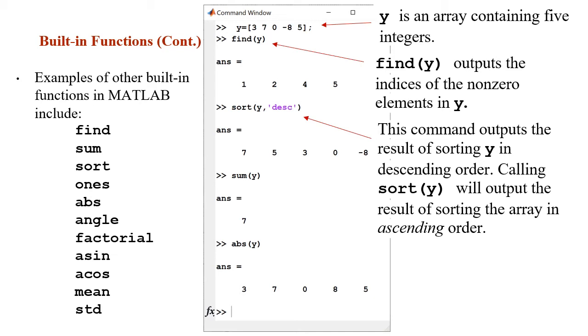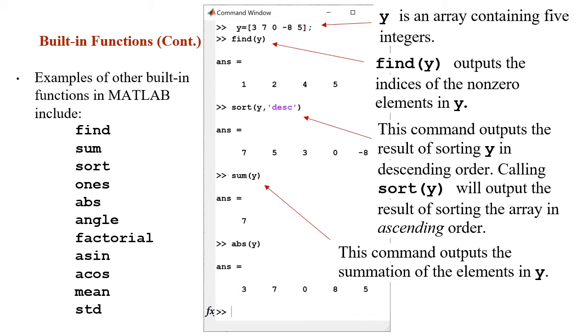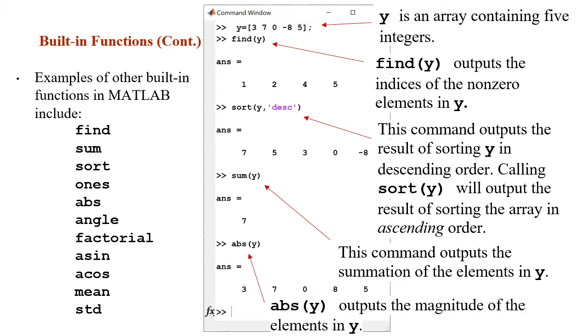The function sum y, from its name, will simply add the elements of y and output them in the command window, or store them if you are assigning the result to a variable. Function abs y will result in taking the magnitude of each element in y and then outputting it to either the command window or to a variable.